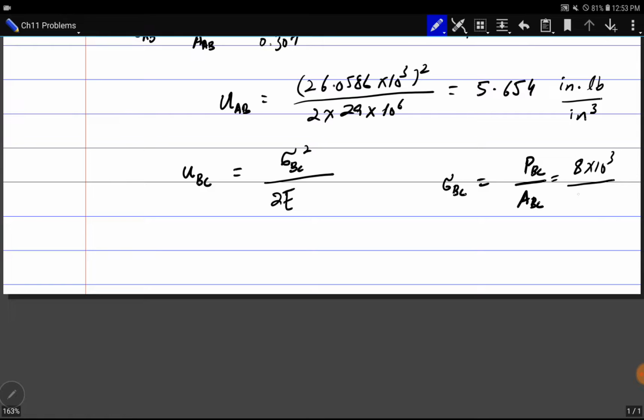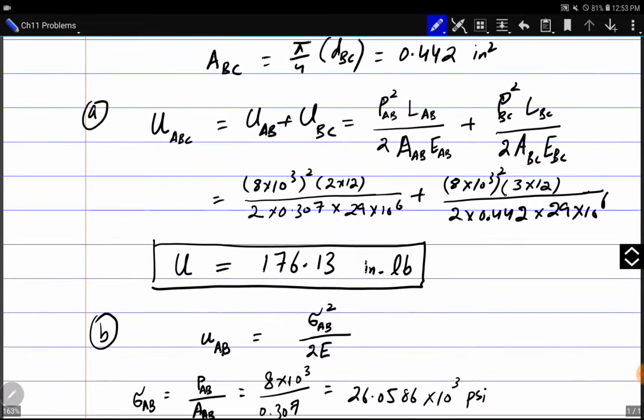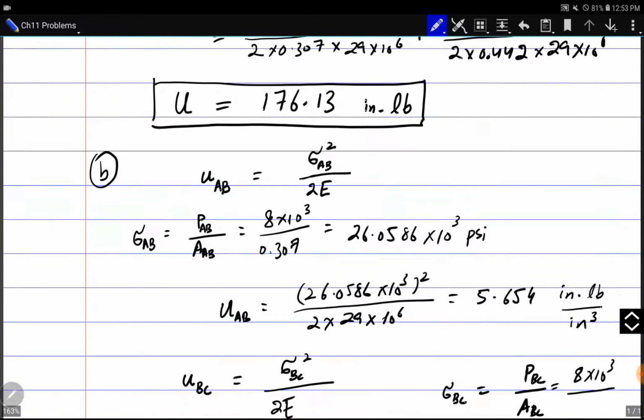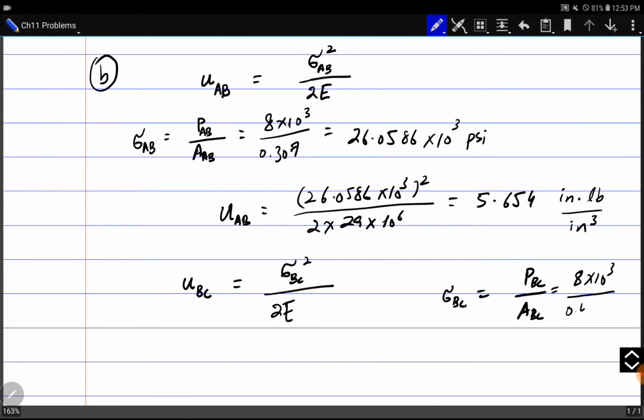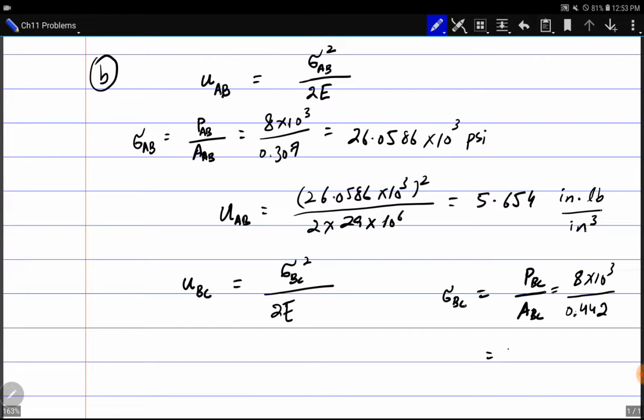Area of BC is 0.442. Okay, 8 divided by 0.442 gives 18.099 into 10 power 3 psi.